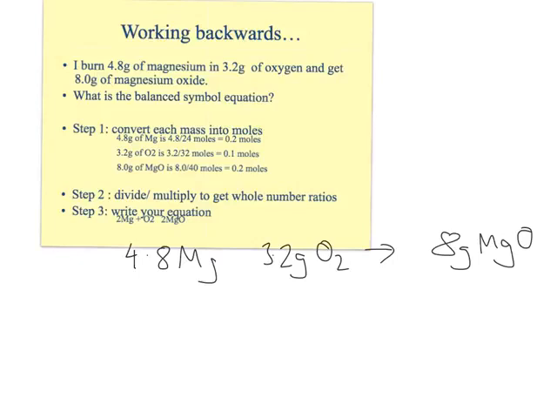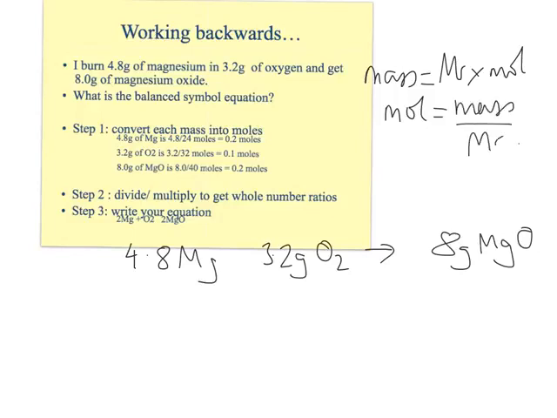You remember we had mass equals Mr times moles. We're going to rearrange that to work out the number of moles. So moles equals mass over Mr, because we've been given the mass each time. If we divide it by the Mr, which we get straight from the periodic table, it will tell us the number of moles.